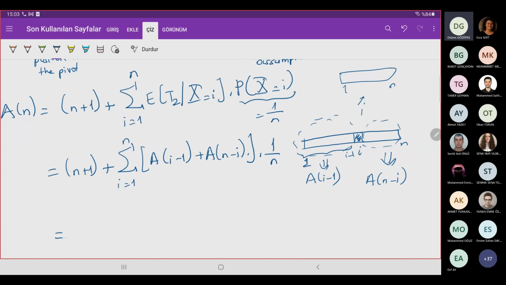So what kind of a recurrence do I have now? I have A_n here and A_n here, so this is n plus 1 plus.